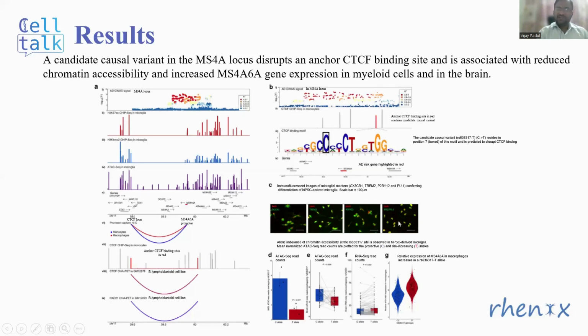So this particular gene expression is getting increased in this case. So in this way, they have validated this variant located in this MS4A6A gene, that this particular T variant is disrupting the CTCF binding site, and this is resulting in increased expression of that gene.